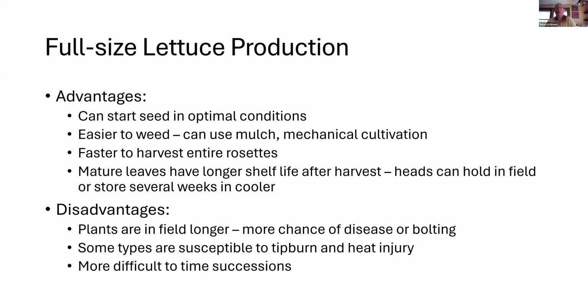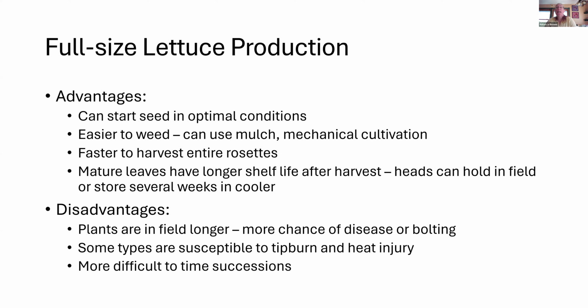And so it's easier to make sure that you have a continuous supply with baby lettuce than it is if you're growing full-size heads. But this is somewhat counteracted by your greater ability to store your full-size heads after harvest.